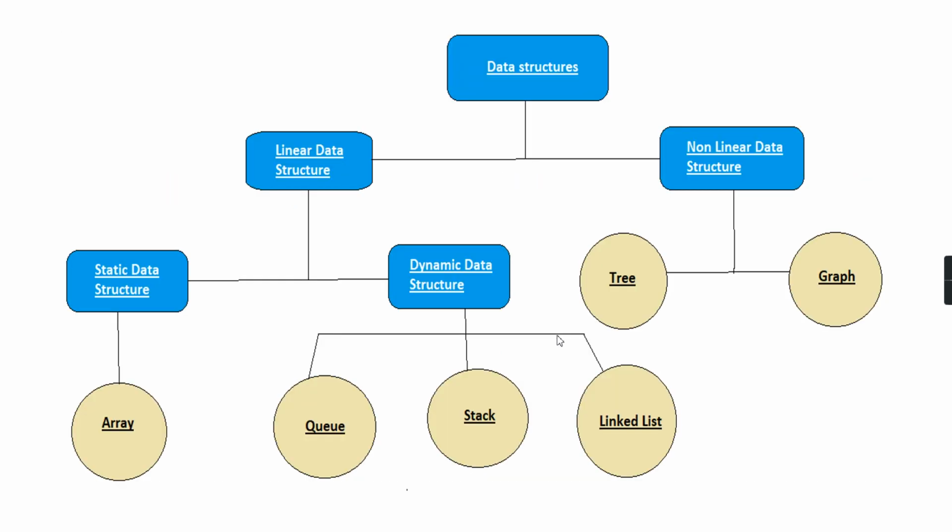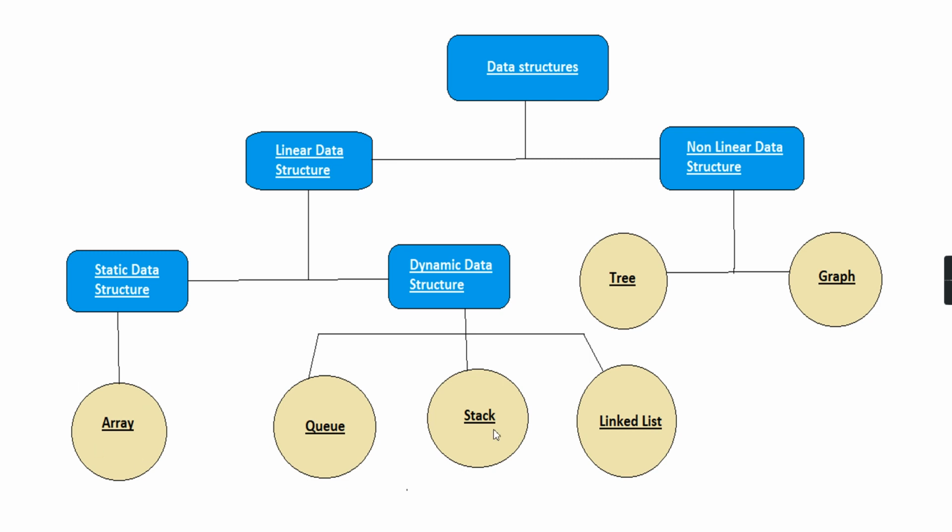Here I have a diagram. You can see that we have basically two types of data structure: linear data structure and non-linear data structure. Inside linear data structure we have another two types: static data structure and dynamic data structure.